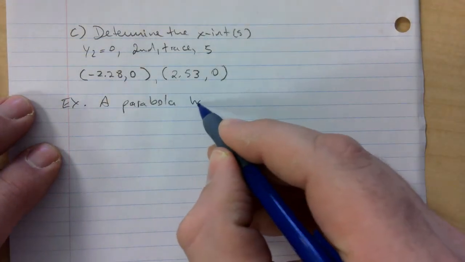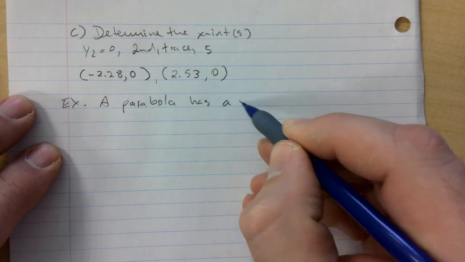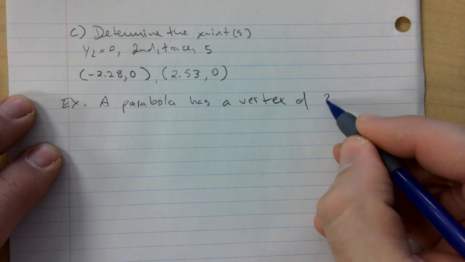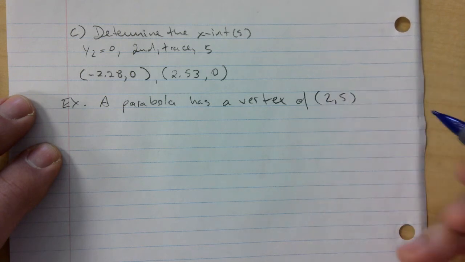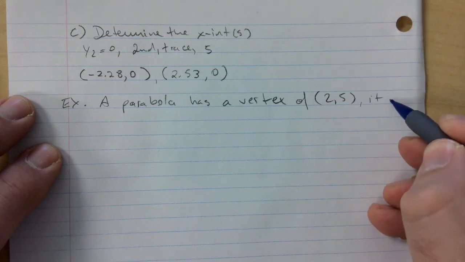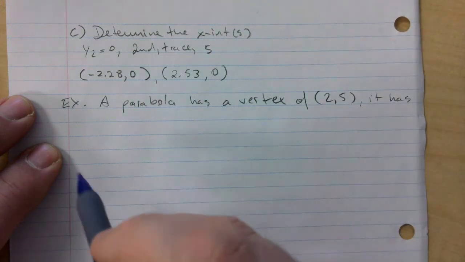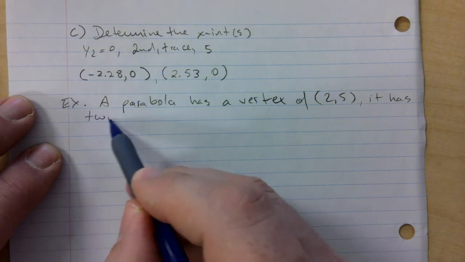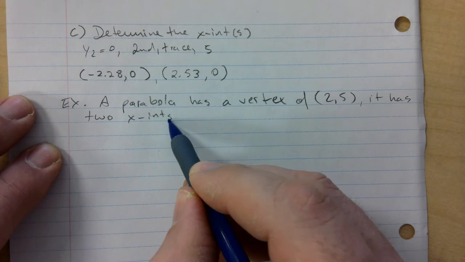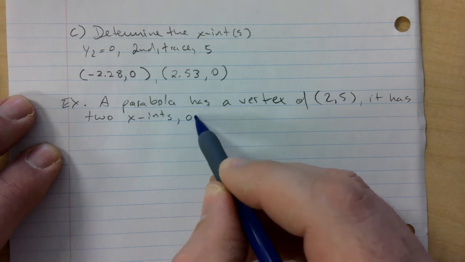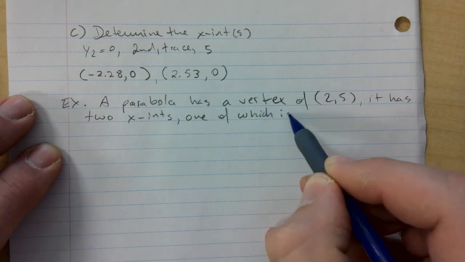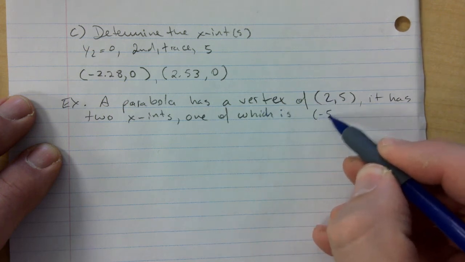Continue with the notes. A parabola has a vertex of (2, 5). It has 2 x-intercepts, one of which is (-5, 0).